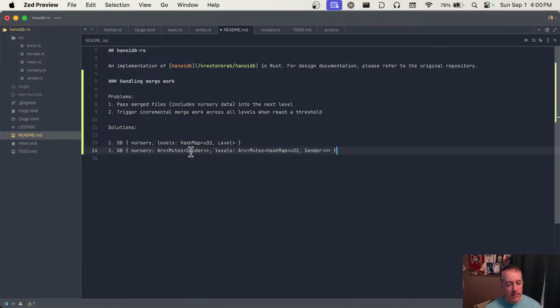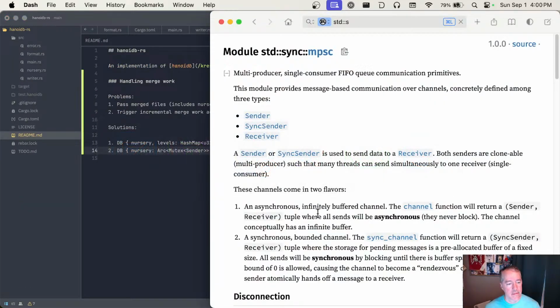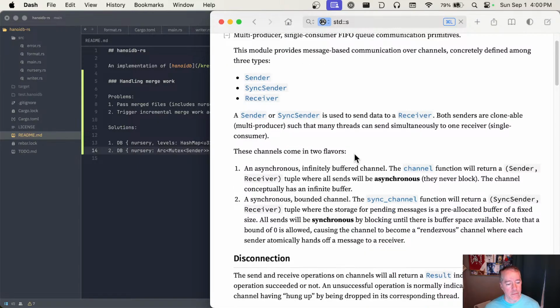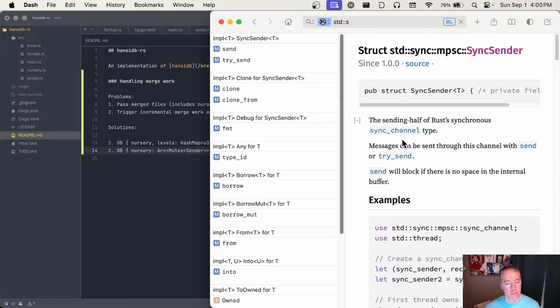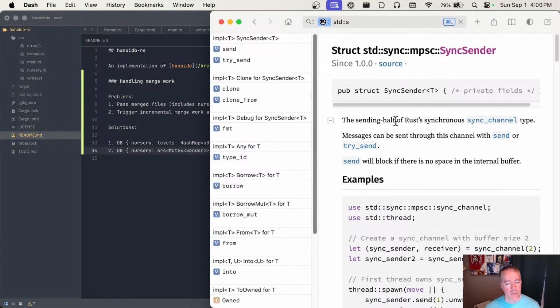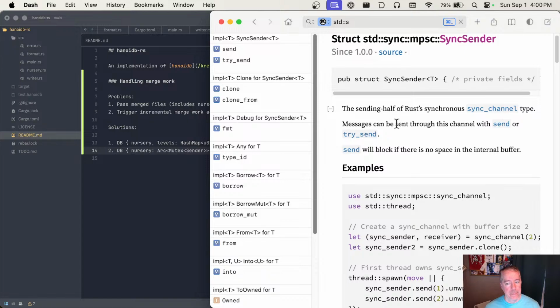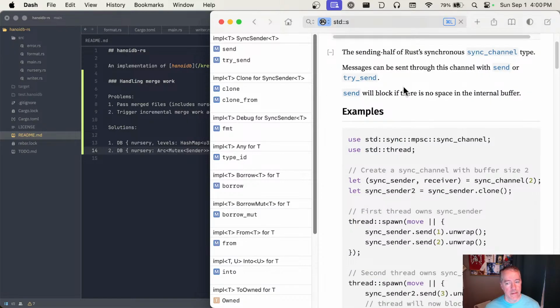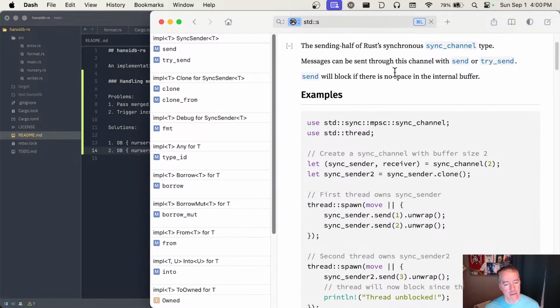Now, we could use a sync sender, which would block and provide us some of that back pressure that we need.